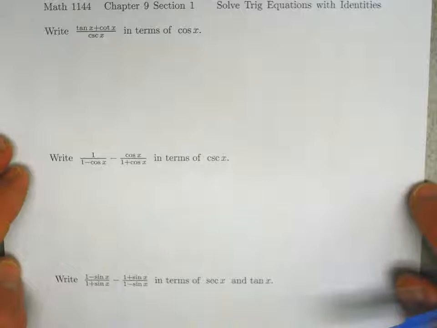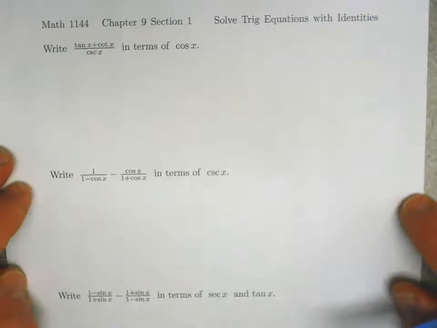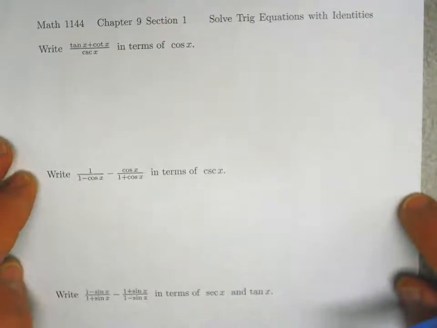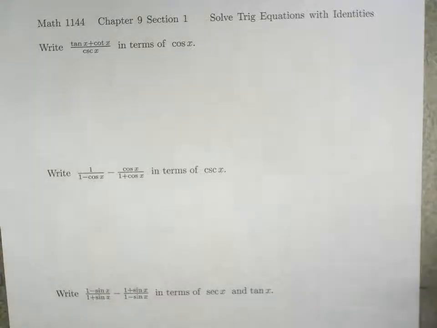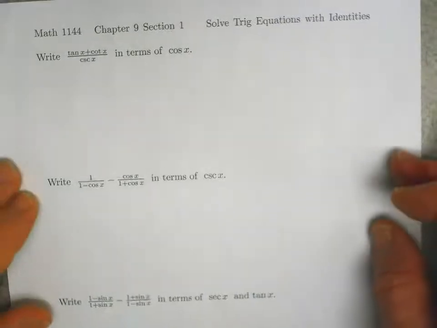Okay, the next few exercises have more specific directions. This one says write tangent of x plus cotangent of x divided by cosecant of x in terms of cosine of x. Okay, so we'll see how that goes.